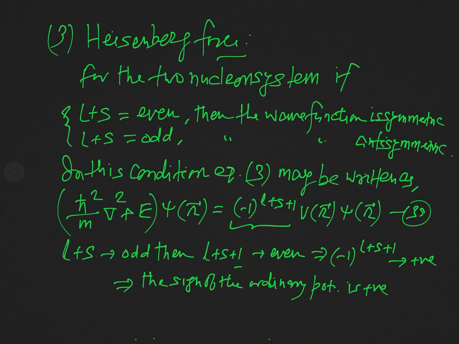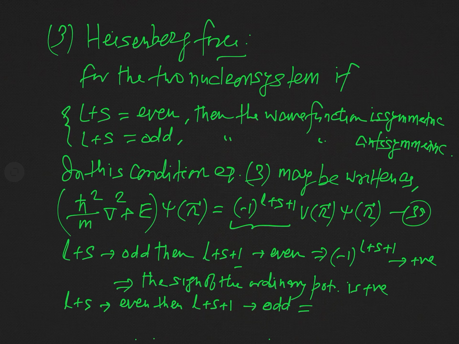And we can take the reverse condition. If L plus S is even, then L plus S plus 1 will be what? This will be odd, because when we add 1 to an even number, the result will be an odd number.